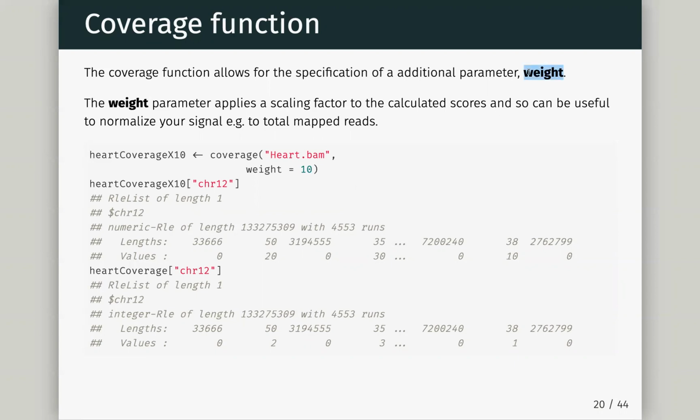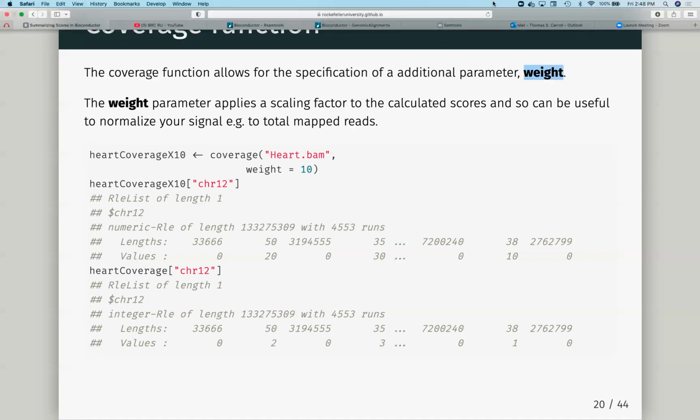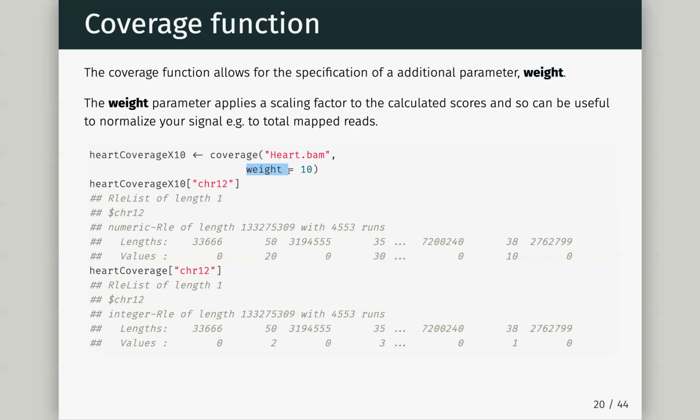If we have more reads in one sample than in another, when we get the coverage, we're going to have higher coverage in the sample with more reads. So if we want to normalize them and compare samples side by side, we want to account for the fact that one sample may have more reads than the other. So we can add weight to the coverage function by just adding this weight parameter.